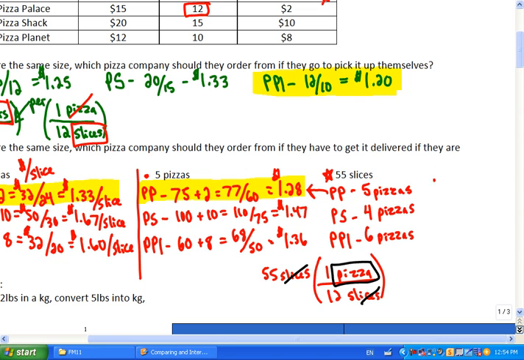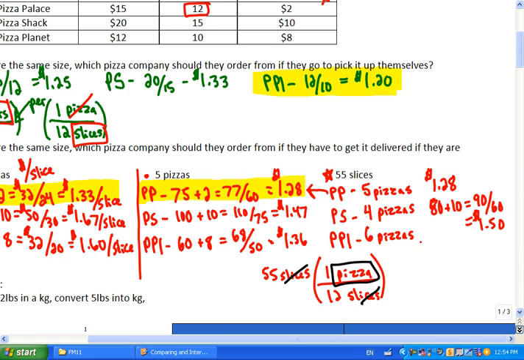So that's $1.28. We've already figured out how much it costs when we order from the Pizza Palace. If I order from the Pizza Shack, 4 pizzas is $80 and the delivery of $10. So $90, and I have 60 slices. So this should be $1.50 per slice.